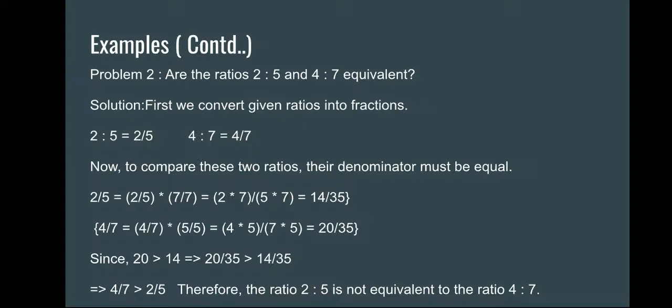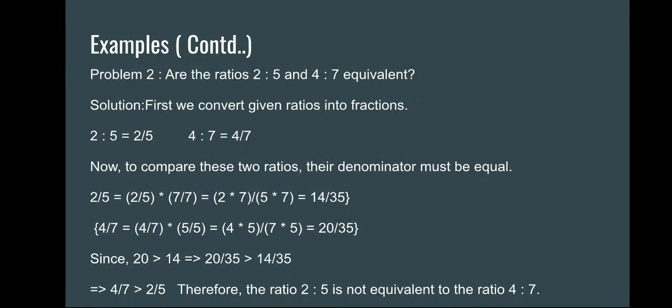So I am going to multiply 7 to the numerator as well as to the denominator of the fraction 2 divided by 5. We have 2 into 7 divided by 5 into 7, which is nothing but 14 divided by 35.